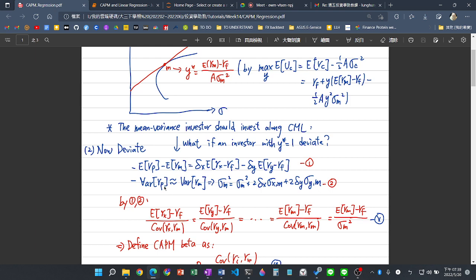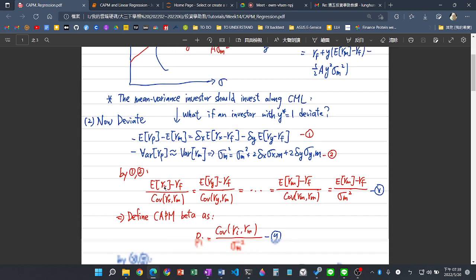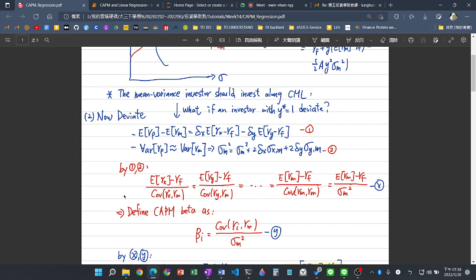After we derive these two expressions, we can get the relationship here. You can see that the numerator is essentially the excess return of stock X, and the denominator is the covariance of stock X and the market, right? It holds true for every asset in the market.